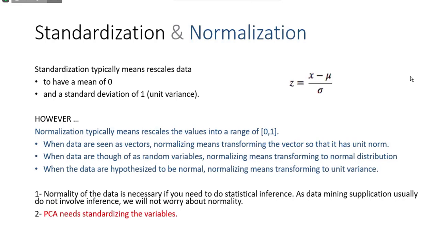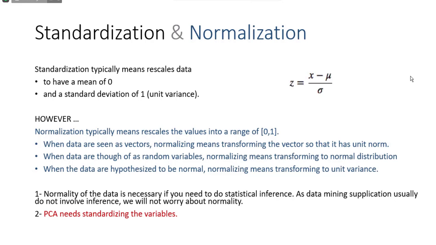Another concept that we face some questions about in this regard is standardization and normalization. What is standardization and normalization, and what is the difference between these two? Standardization is calculating new variables by subtracting the mean and dividing by the standard deviation. So this rescales the data to have a mean of 0 and a standard deviation of 1.